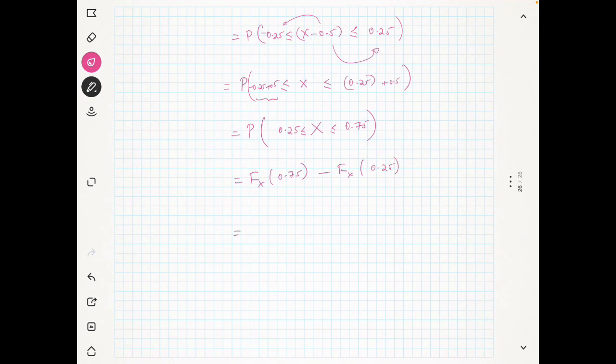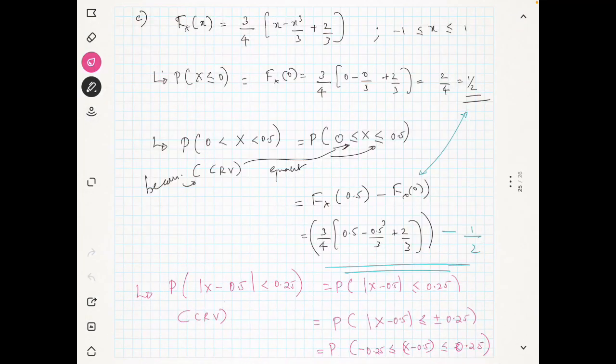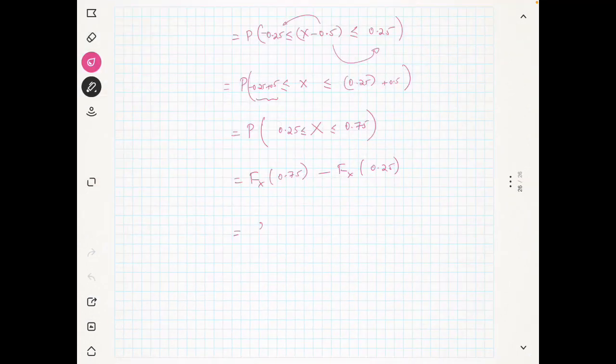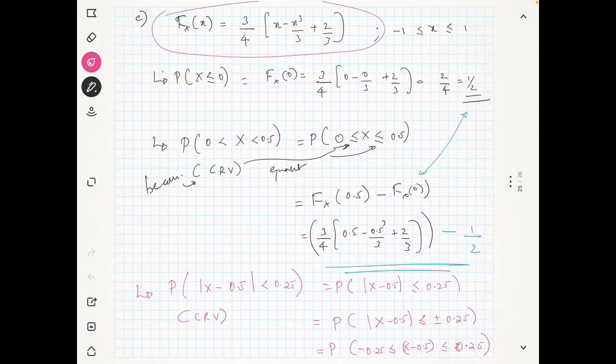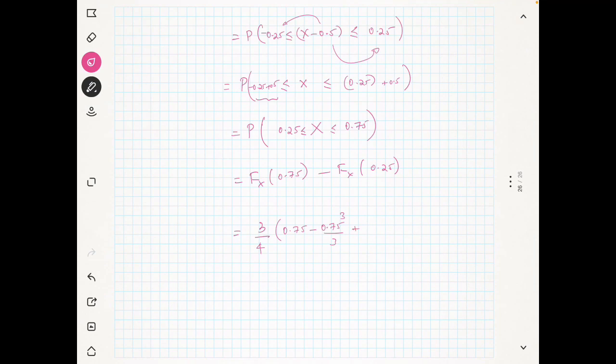Okay, what is Fx? The function Fx is already given here. So it is 3 by 4 into x, which is 0.75, minus 0.75 the whole cube by 3, then plus 2 by 3. That's it. This is the first part.